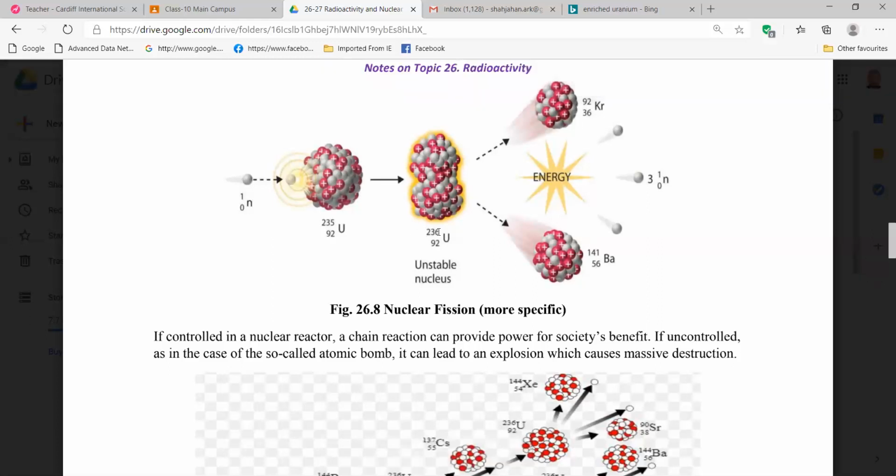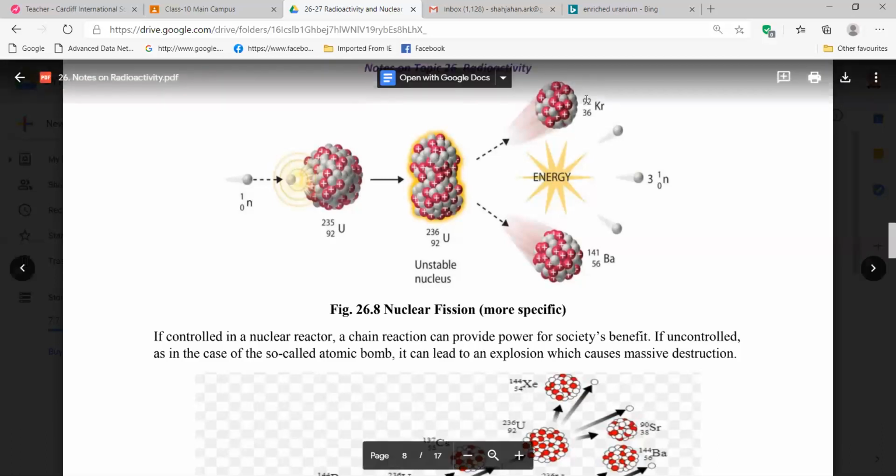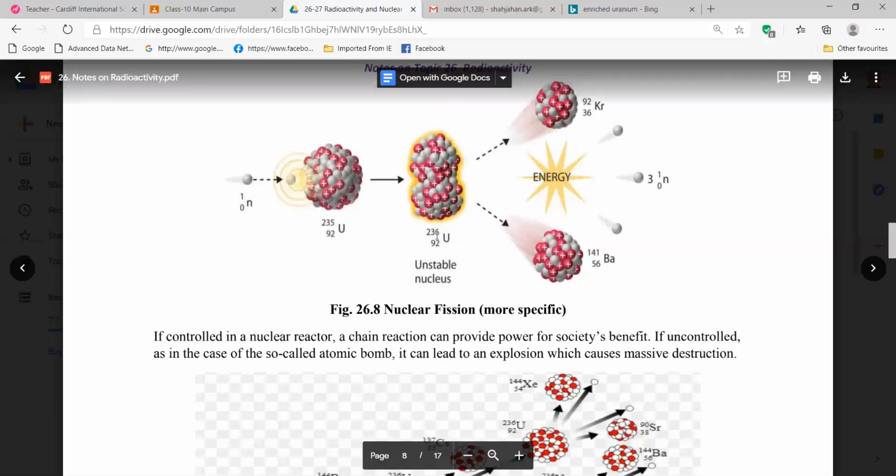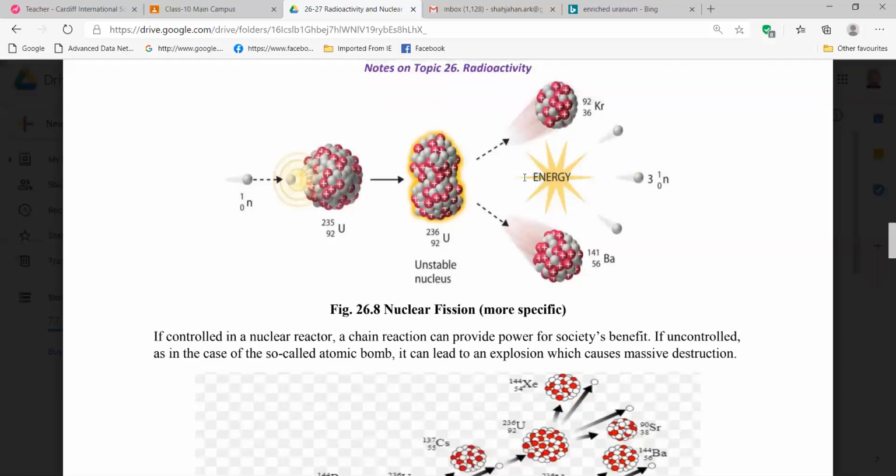Then here 236, we have 92, 141, and 3 neutrons. So it comes to 236. Do you understand what I'm saying? The mass number and the atomic number, does it match?